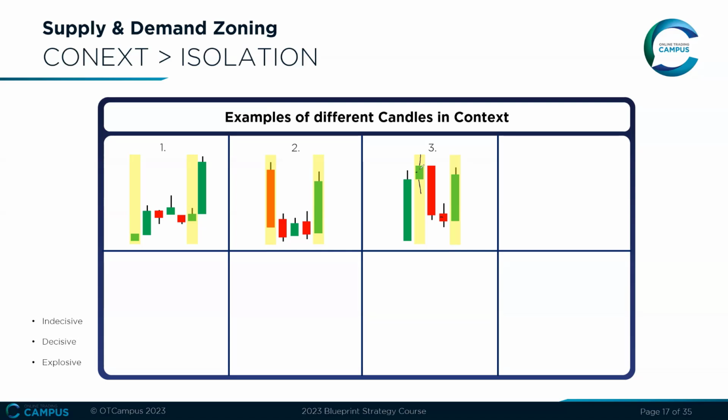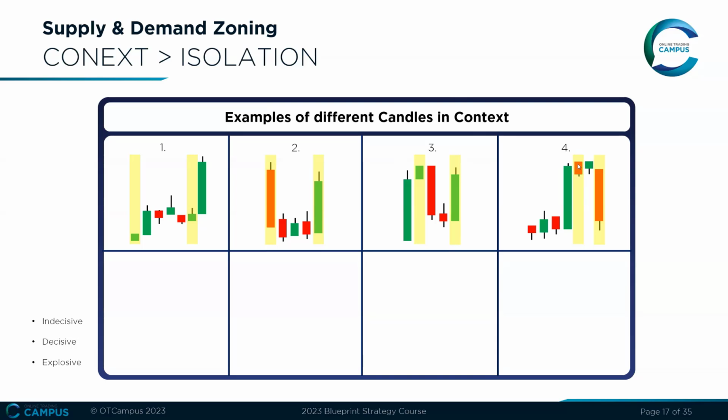And hence there's no one clearly in control. What we want to see with decisive and explosive candles is that there's someone clearly in control, right? Like here, or like from here to here, or from here to here. Here as well, it's the same scenario, just different colors of the candles.